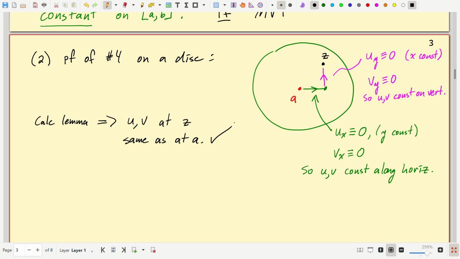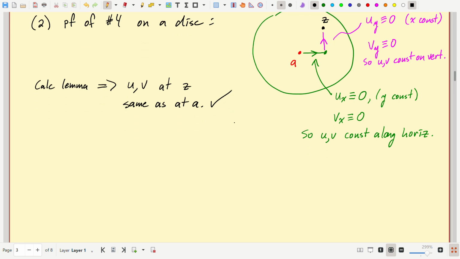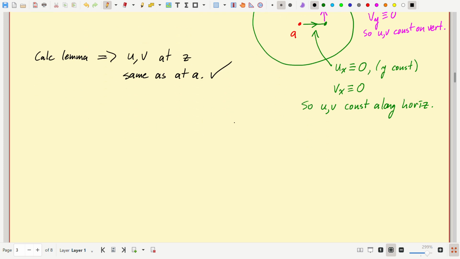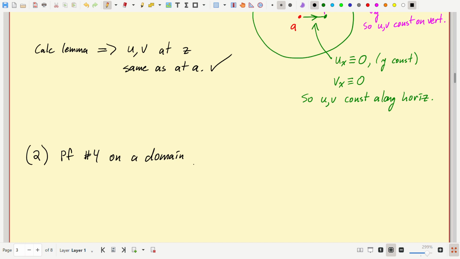All right. And now that I've done it on a disk, it turns out I can think about it on a domain. And this is kind of a typical complex analysis argument. So here's the proof on a domain. Proof of number 4 on a domain. It's basically a picture proof. Okay, so I've got a domain.